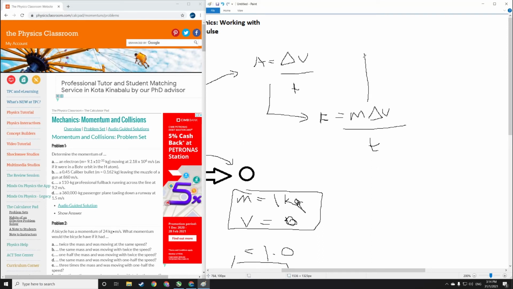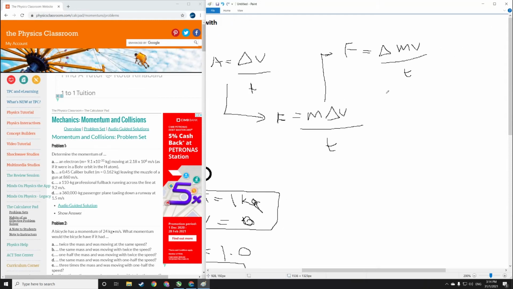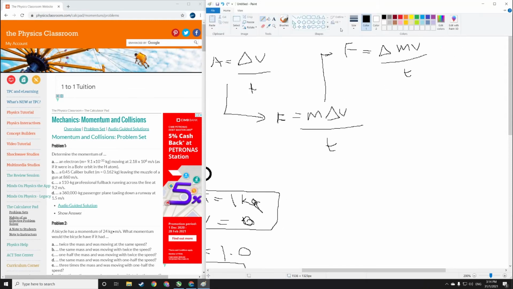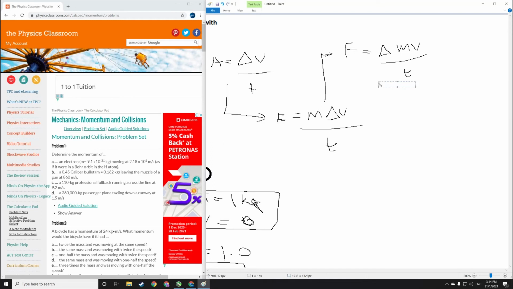So we can actually write this out as F equals the change in momentum in a given amount of time, or rather the rate of change of momentum. And we'll write that over here. Force equals the rate of change of momentum.